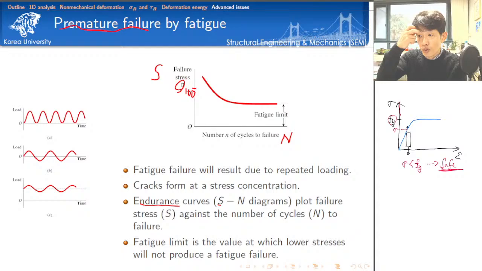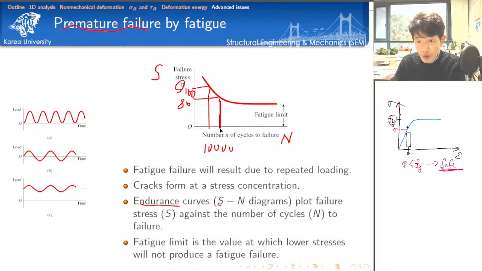If you apply the loading repeatedly and it fails at 10,000 cycles, and then you do the same thing with a lower stress value of 80 megapascal, obviously, because the stress range is smaller, the fatigue life would be greater than before, for example, 20,000 cycles.